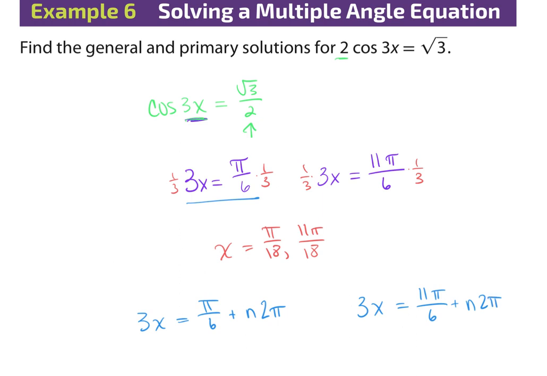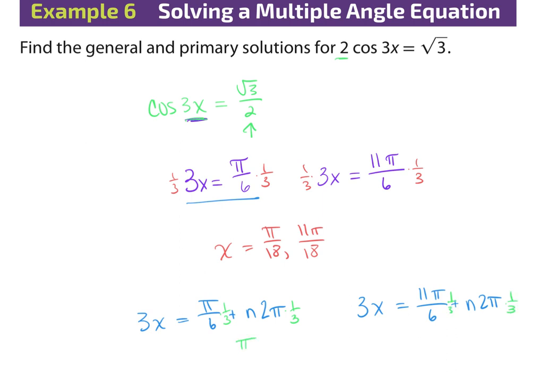So you have to consider you're not doing it at the end. You don't want to add the 2 pi at the end. You actually want to add it before you divide by the 3, because that cycle happens before you do that. And so you would have to divide everything, or multiply everything, by 1/3, not just your piece there.